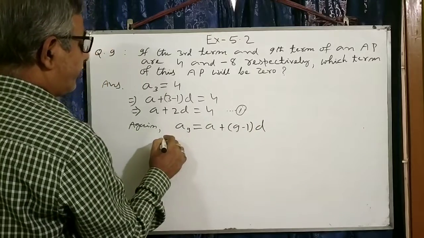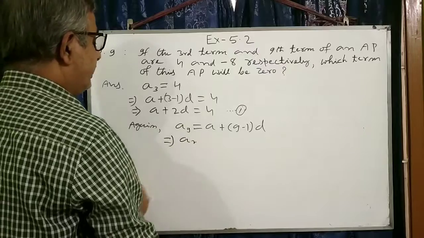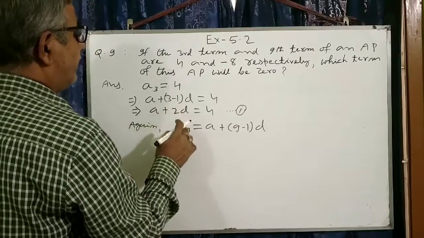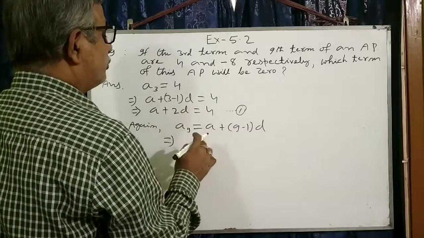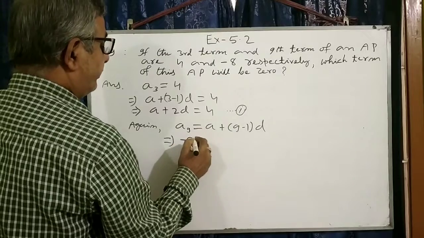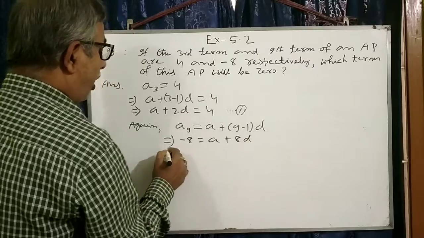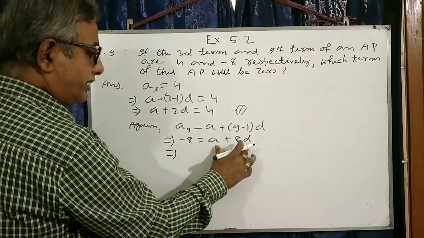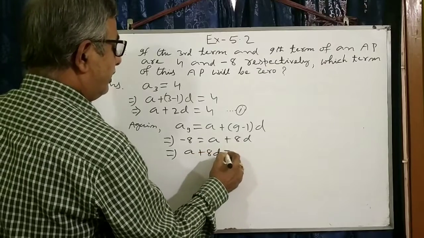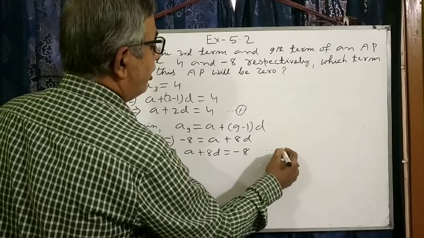Or a9 is already given, so instead of a9, you are supposed to write minus 8 is equal to A plus 8d, or you may write this one on the left hand side. So A plus 8d is equal to minus 8. This is equation number 2.